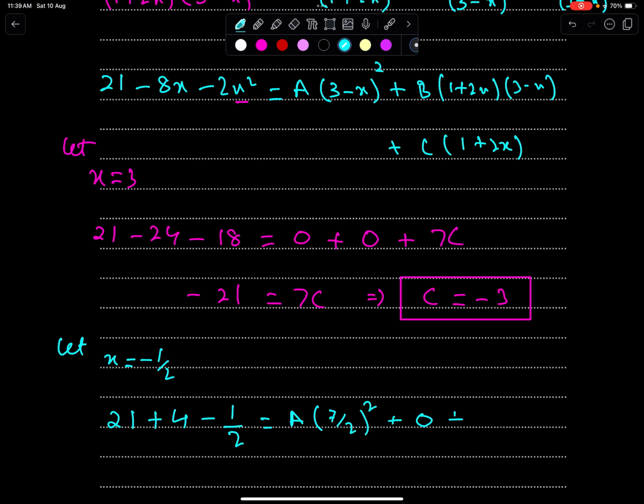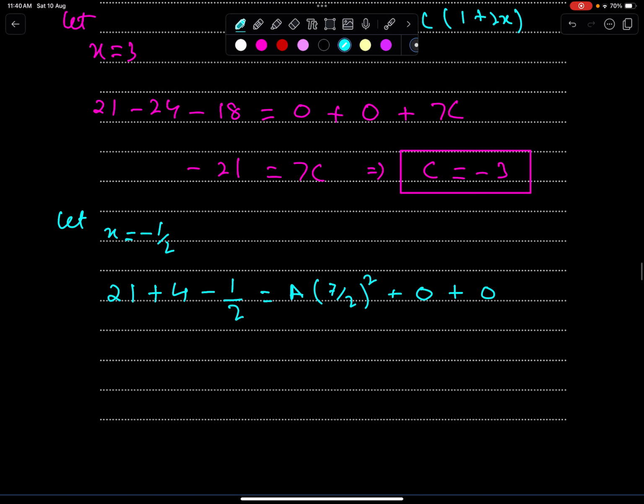The second bracket and third bracket will be 0. So this is 25, and when we take LCM, we'll get 49 upon 2. You can do this directly in your calculator as well. 49 upon 2 equals 49 upon 4 times A, therefore A is 2.